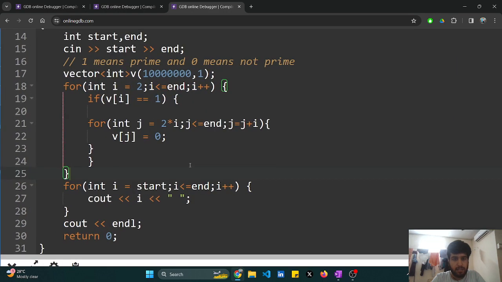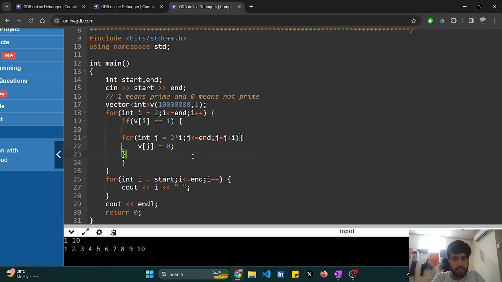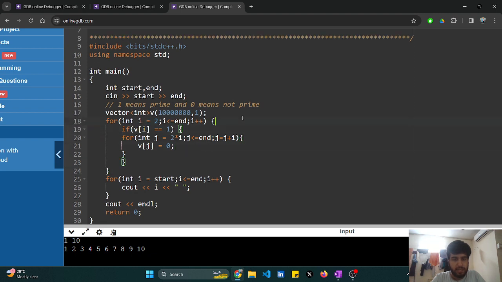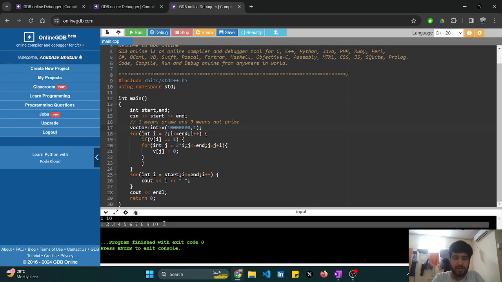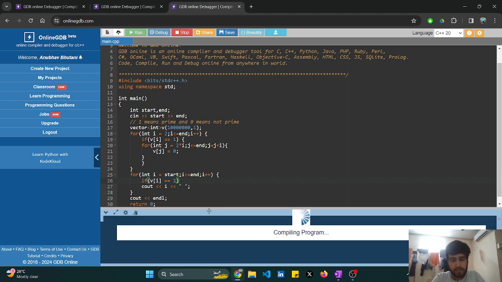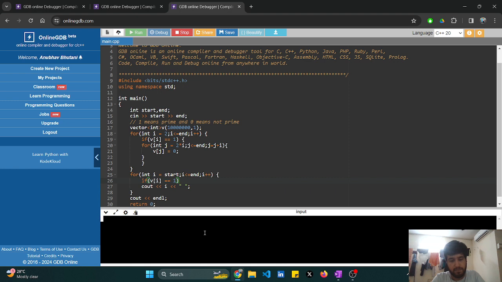Okay, 2 into i, j, okay, I'm getting some error. Why is it printing all the elements? Okay, let's see. If v of i equal to 1, then only print this. 1 to 10. 1, 2, 3, 5, 7.